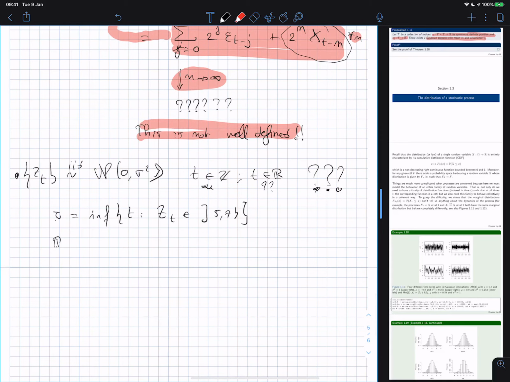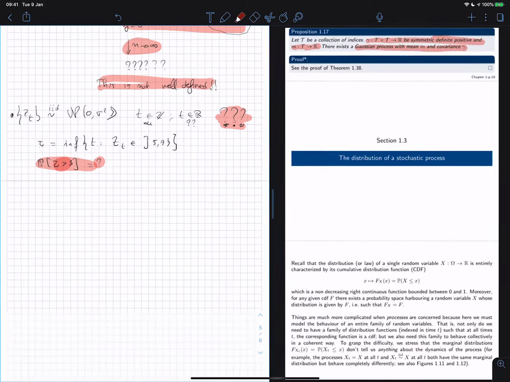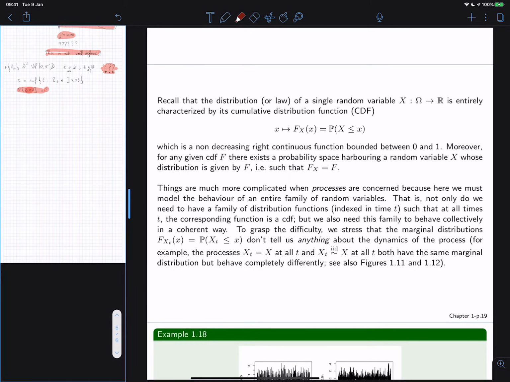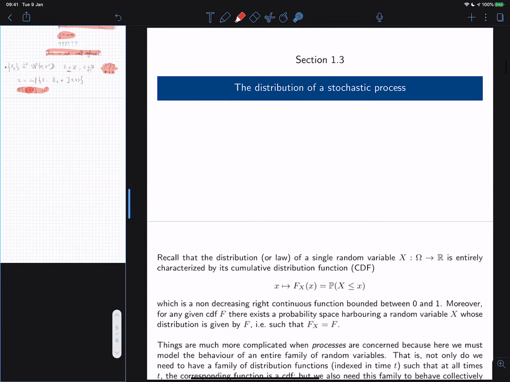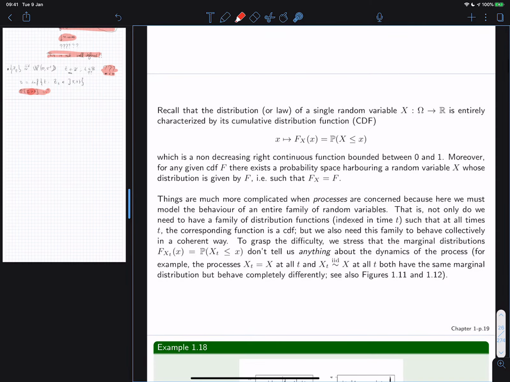And you would wonder, what's the probability that tau is greater than 3? Well, is that even an event? Are you even allowed to construct the sigma algebra in which you'll be able to compute this kind of thing? That's far from clear. And so more generally, we have to talk about what's called the distribution of a stochastic process. So you may or may not recall from your probability classes.